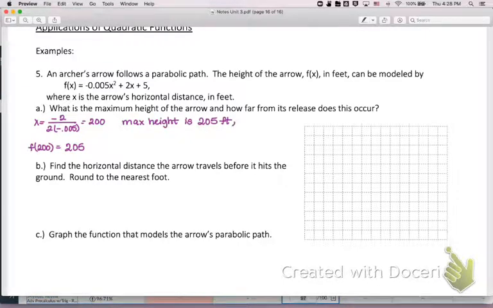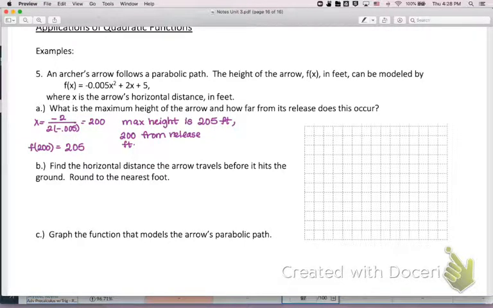And then how far from its release does that happen? 200 feet from release. So when you release the arrow, it takes 200 horizontal feet before it hits its maximum height. Okay.